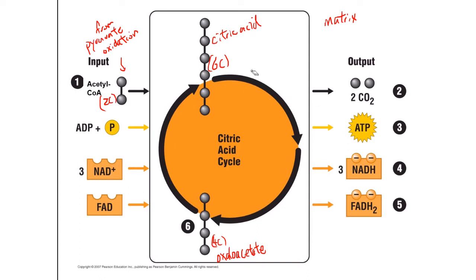In addition, the Krebs cycle is also going to be producing 1 ATP per spin, and it's going to be releasing quite a lot of high energy electrons. Those electrons are going to be captured by 3 NAD+, creating 3 NADH, and then there is also the other energy carrier, FAD, which is also going to pick up some electrons and generate FADH2.